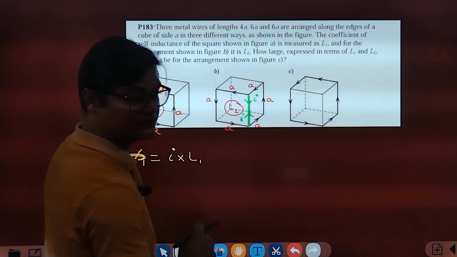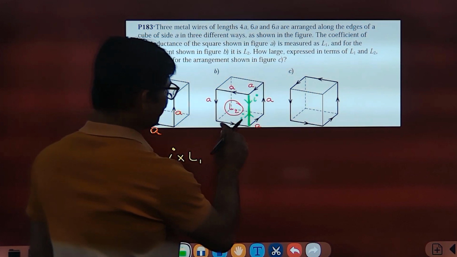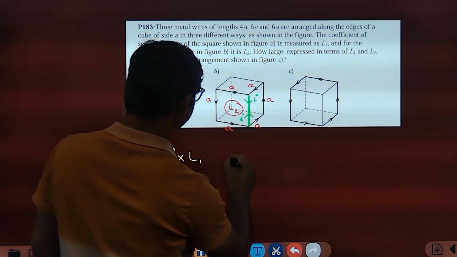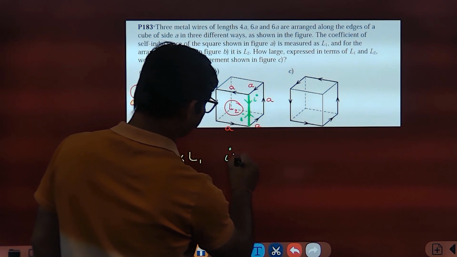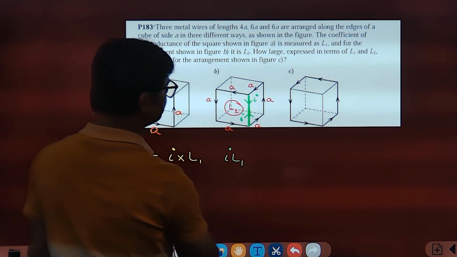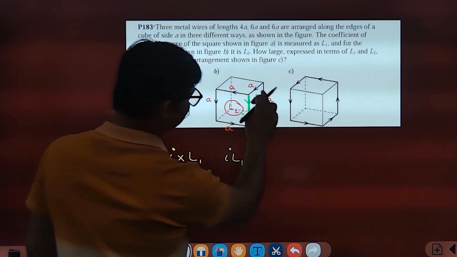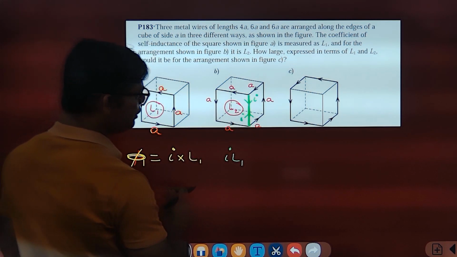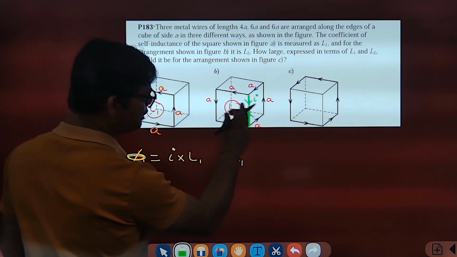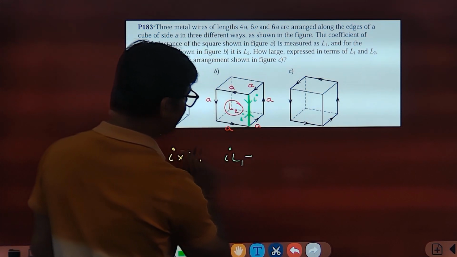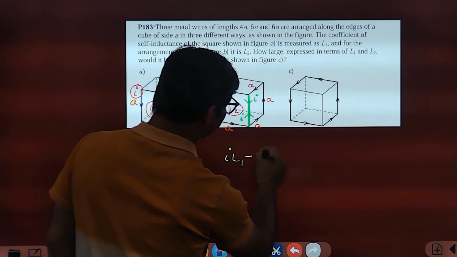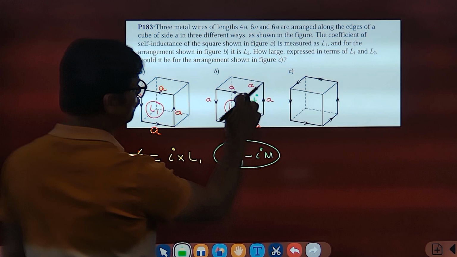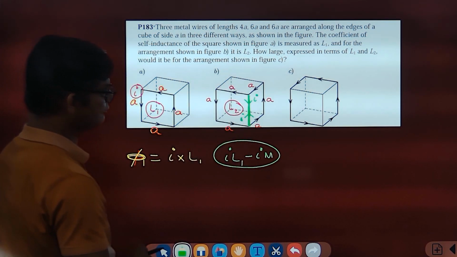Then flux linkage through this loop due to its own current will be I, the current, into L1, and current in the other loop is also contributing to flux in this loop, and taking the mutual inductance to be M, I can write I L1 minus I M. This is the flux linkage through one of these two loops.